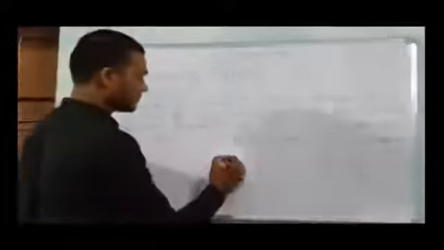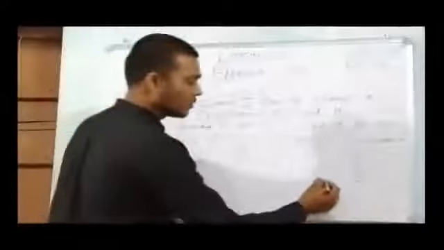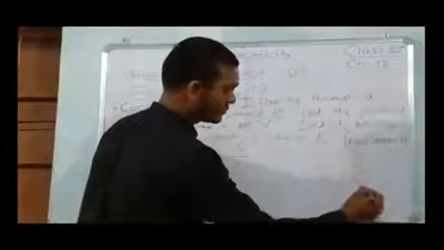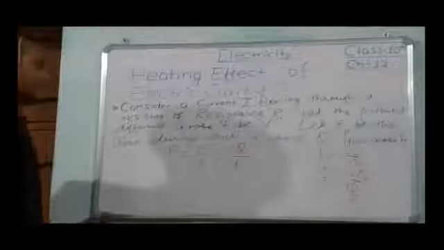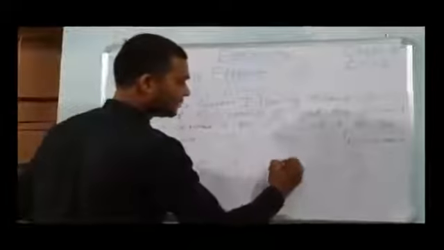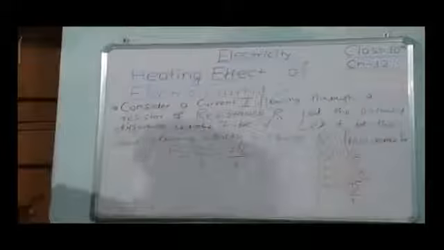We know that W is equal to V into Q, so P is equal to VQ upon T. We also know that I is equal to Q upon T. Then it becomes V into I.